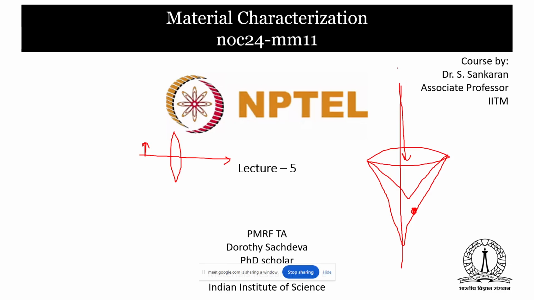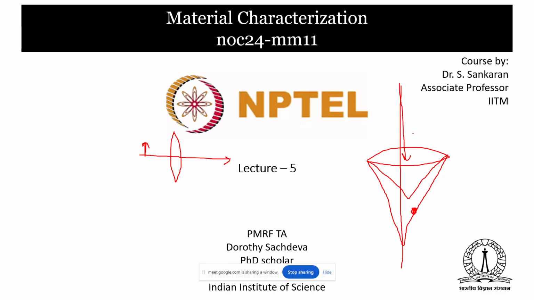I told this multiple times in the last lecture also. The ray diagram in the SEM will not indicate the object and the image. It will indicate only how the electron beam is getting reduced.